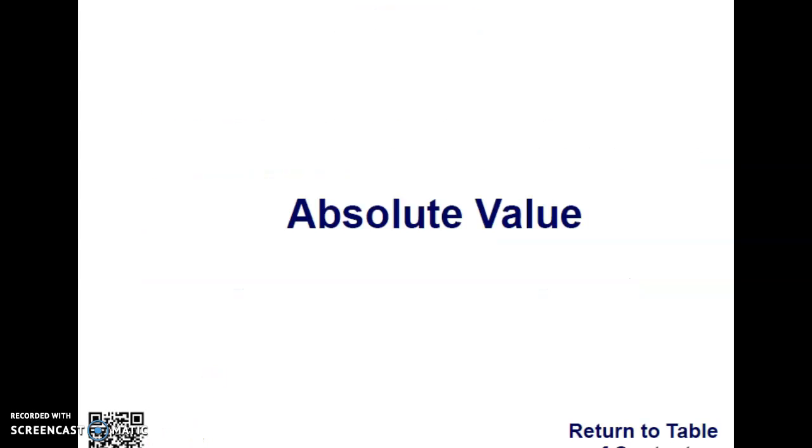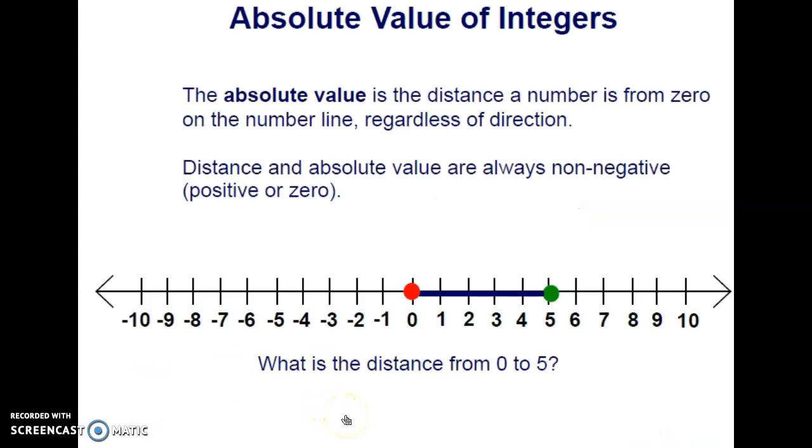So let's think about absolute value. The absolute value of a number is its distance from 0. Absolute value is indicated by using two bracket symbols. We will take a look at what that means. The absolute value, again, is the distance a number is from 0 on the number line regardless of its direction.